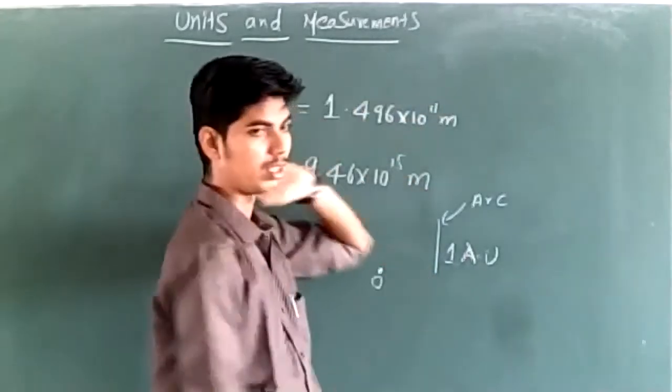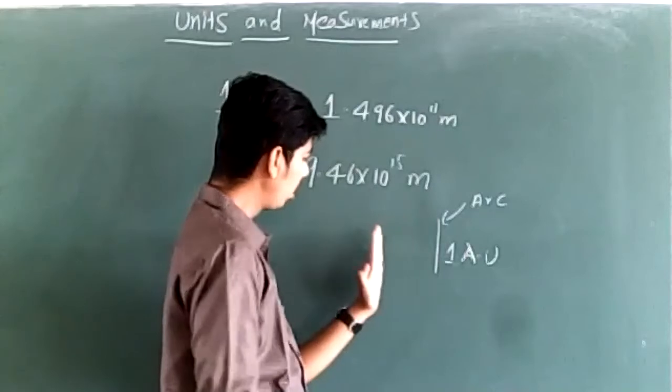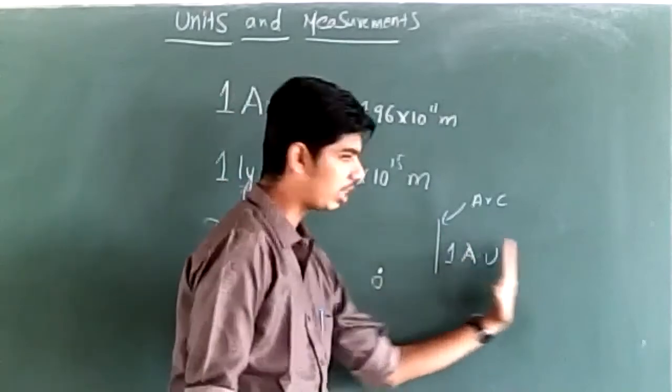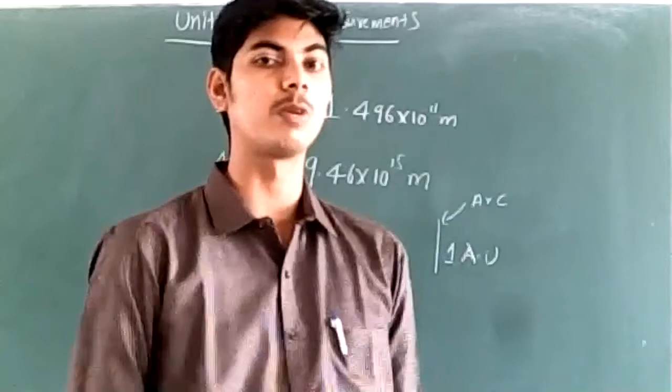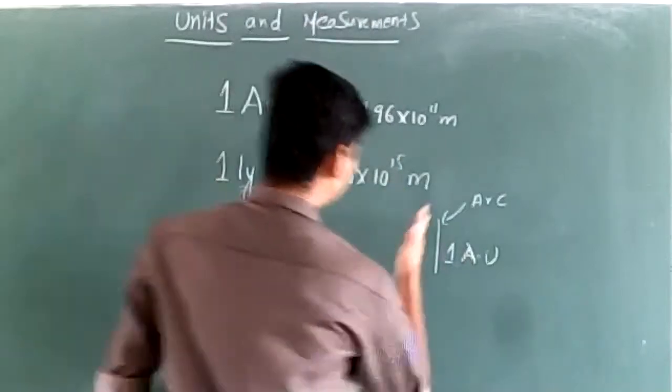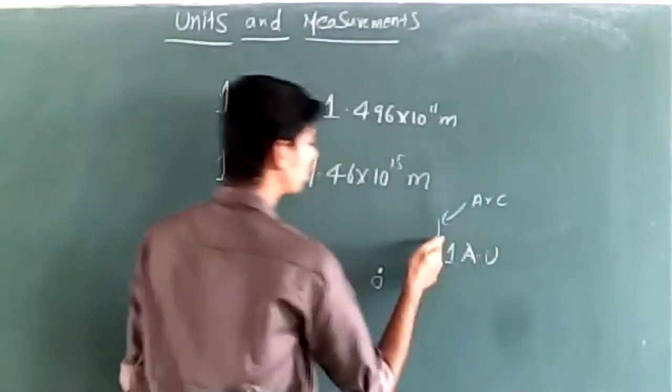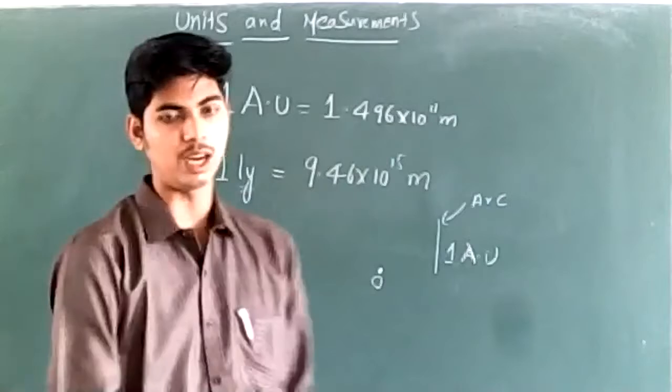Suppose it is an arc of that size. At what distance from this point should the arc be placed so that it subtends an angle of 1 second at this point?